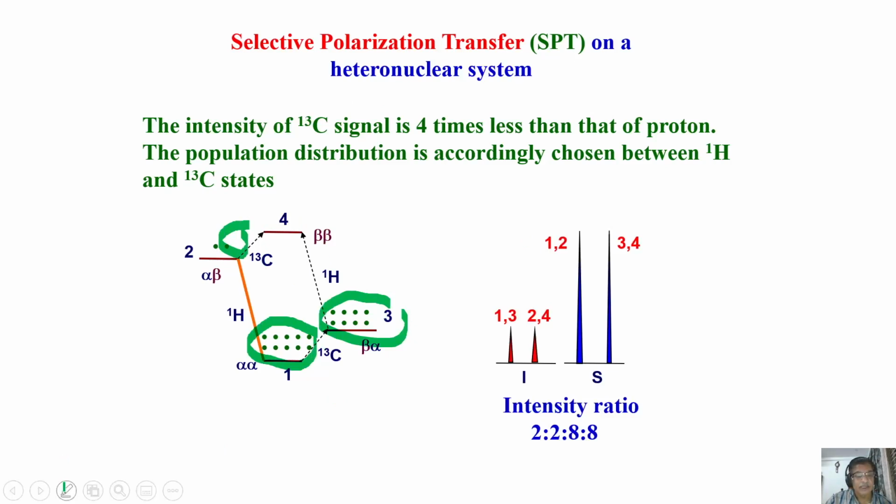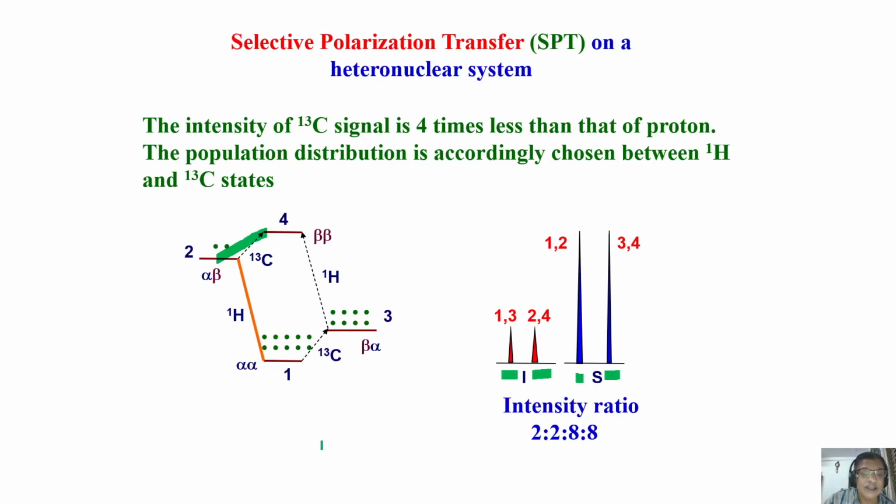What is the advantage of that? See the difference now. For the proton transition between levels 1 and 2, the intensity is 8. What is the other proton transition, 3 and 4? 8 minus 0, the intensity is 8. What is the carbon transition? 2 minus 0, that is 2. Here, the carbon transition, 10 minus 8, is 2.